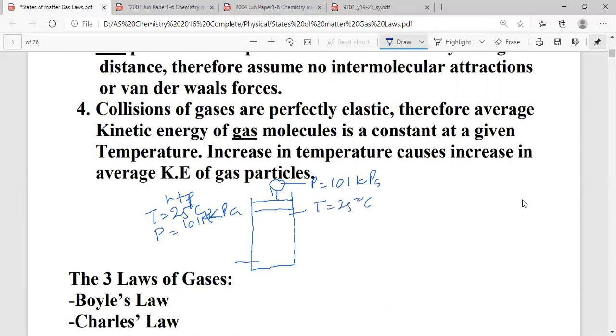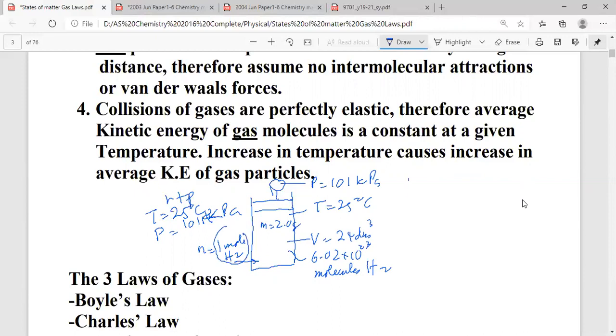If I put in 1 mole of gas, let's say the lightest gas, hydrogen, H2, the mass is equal to 2.0 grams, and the volume occupied is 24 dm cube, isn't it? And it contains 6.02 times 10 to the power of 23 molecules of H2. It contains this number of particles.